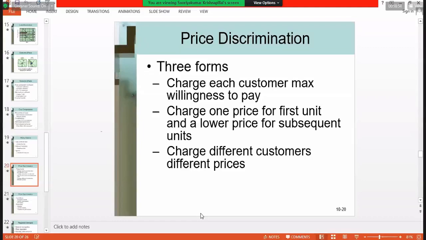All in the same group pay the same price, like children and adults, or students and others. So the monopoly can discriminate the price, and then they may get higher profit than the single price monopoly that we studied earlier. So we will see.